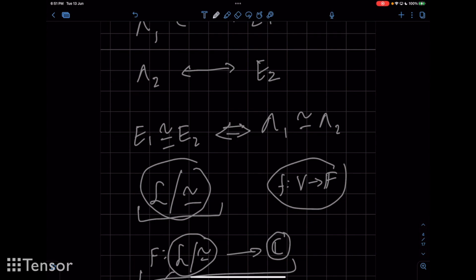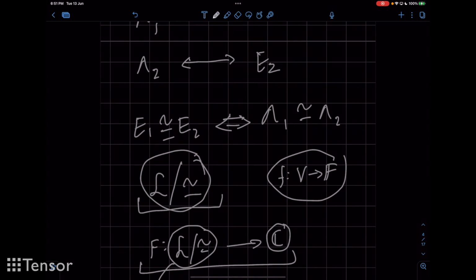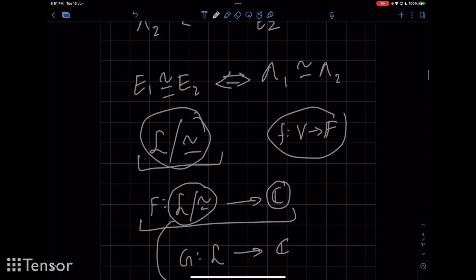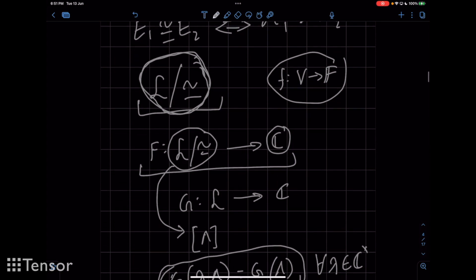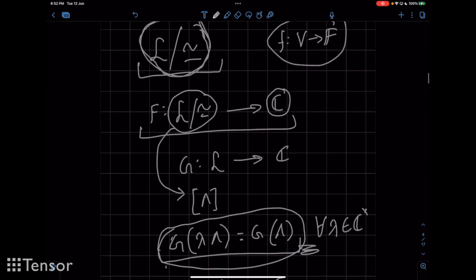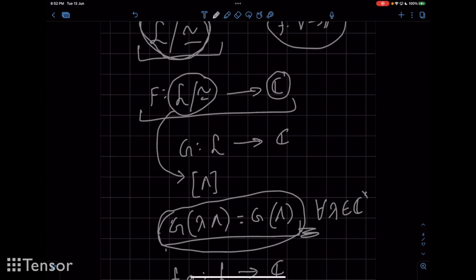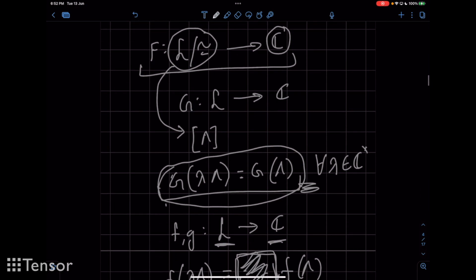So we want to study this set of equivalence classes of lattices under homothety, and in order to study it, we shall be considering complex valued functions. A function that takes a lattice and spits out a complex number. All those functions naturally give rise to a function like this, and to each such capital F, we have a capital G, like this.